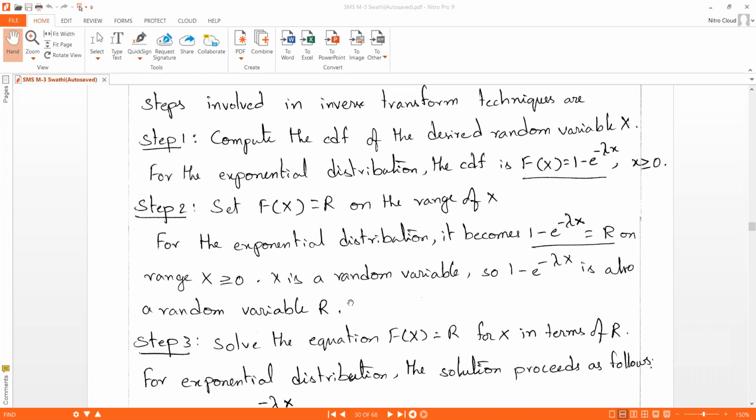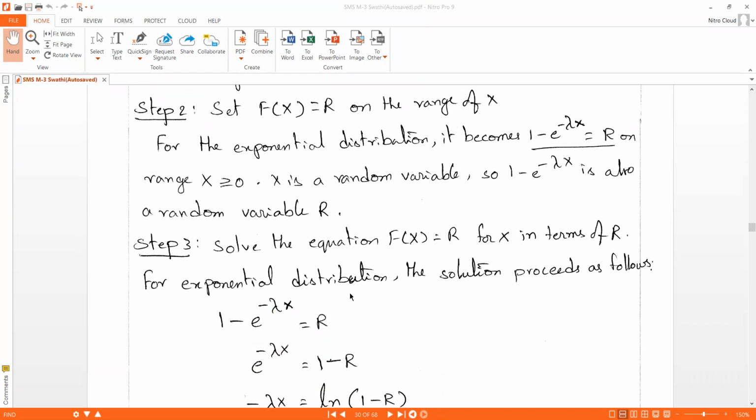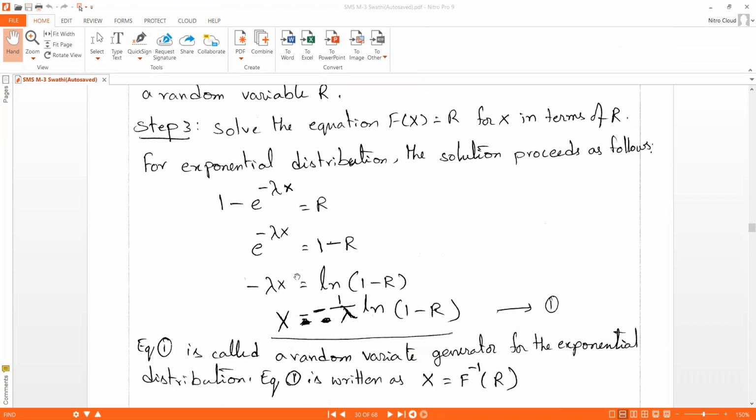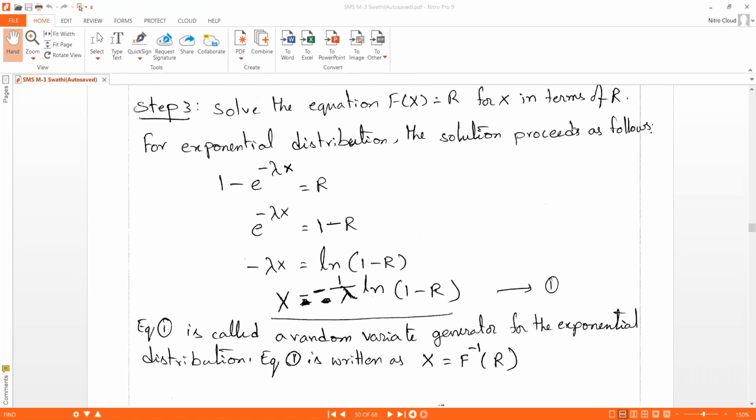Next, the third step in the inverse transform technique is to solve the equation F of x equal to r for x in terms of r.